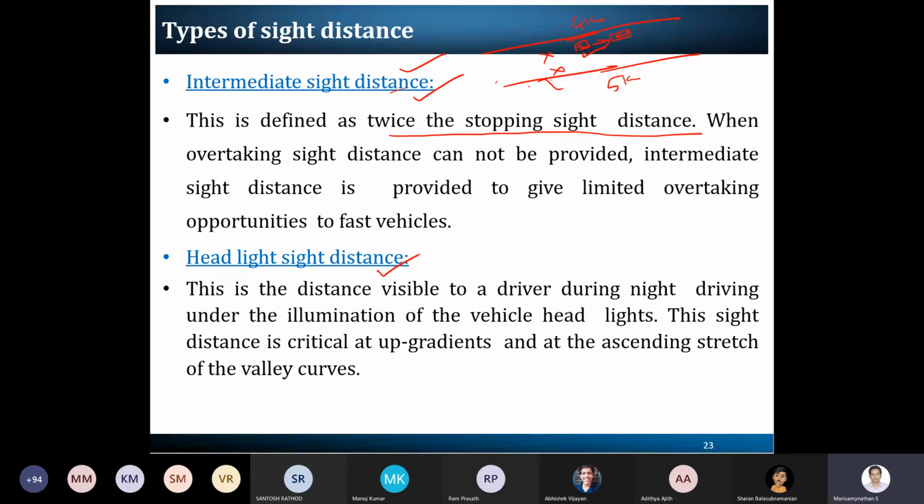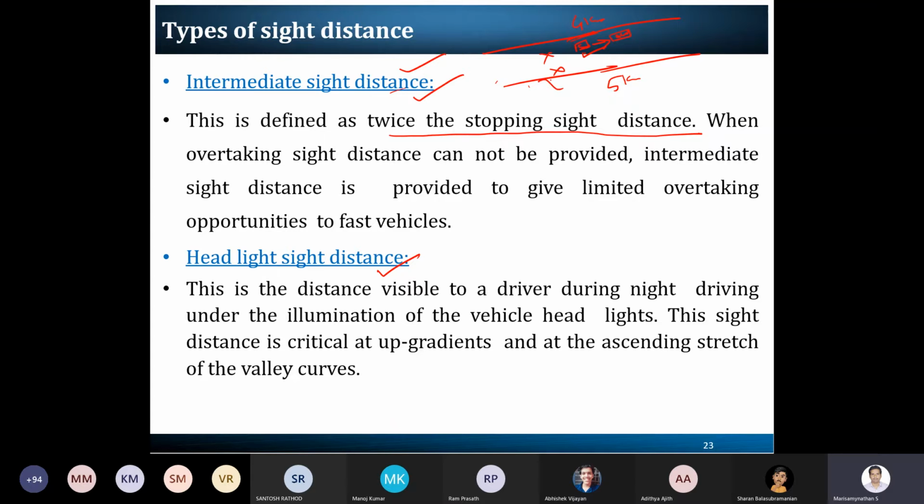Then the headlight sight distance, which is the distance visible to a driver during night time. Night time visibility will be limited, and to avoid accidents we consider how far the visibility extends. This is the sight distance of the headlight.